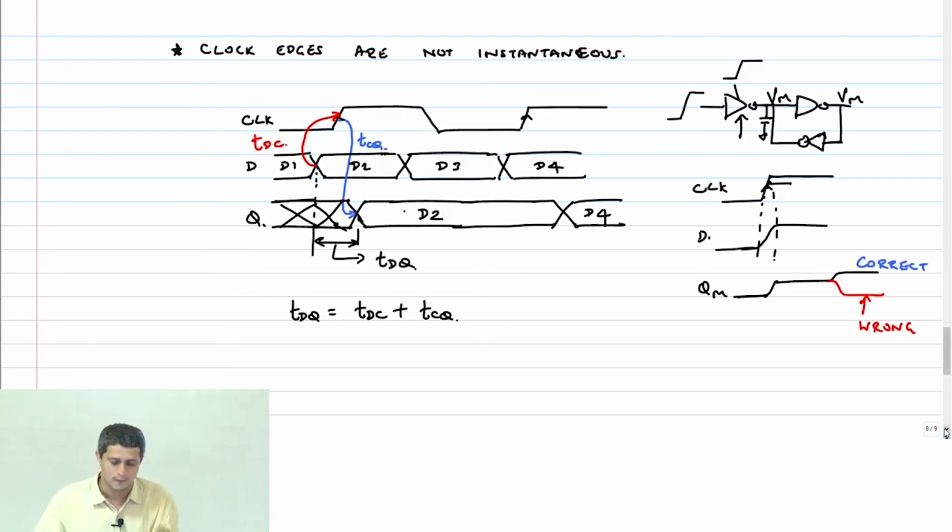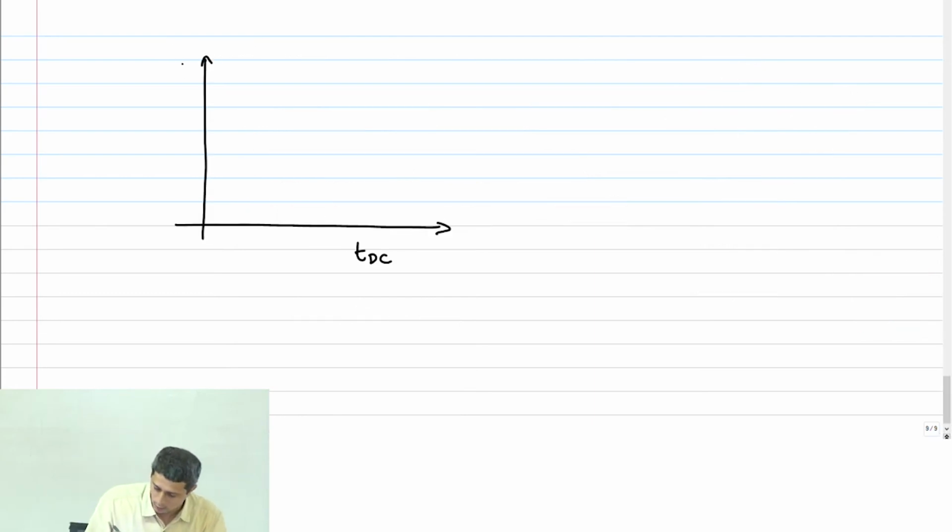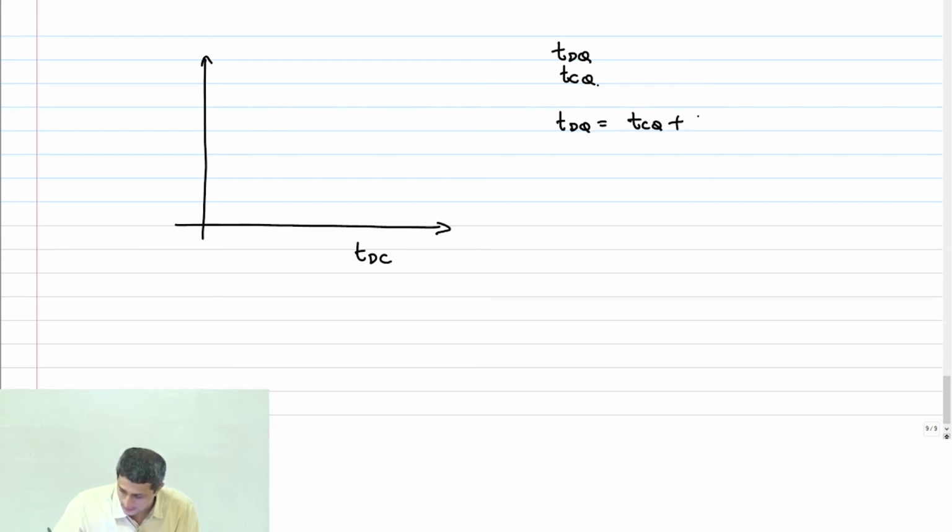I'm going to plot two things: TCQ and TDQ. And remember that TDQ is nothing but TDC plus TCQ.